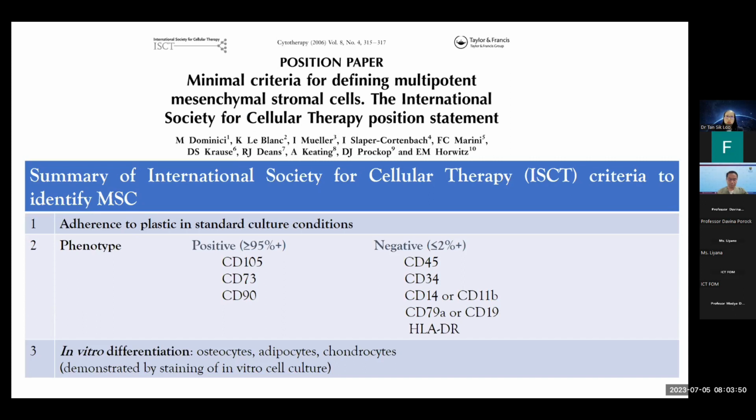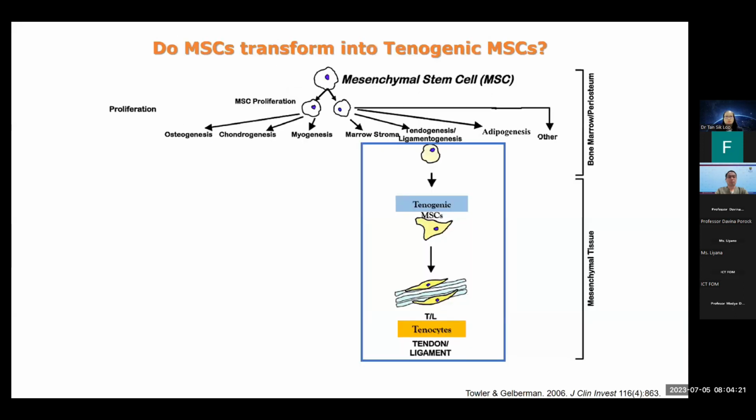Since then, this has been used as the set of criteria to characterize mesenchymal stem cells. They include the plastic adherence characteristic, the positive or negative expression of several CD markers as listed here, as well as the capability of the cells to differentiate into the tri-lineages, including the osteocyte, adipocyte, and chondrocyte lineages.